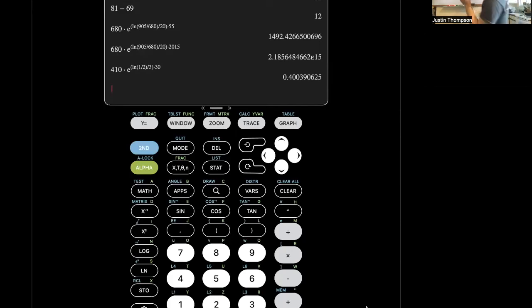Then I multiplied it by 30, and I got 0.400, round it to 4 is good. And that is grams. That is how many grams of polonium should remain after 30 minutes. So if I started with 410 grams of polonium, after 30 minutes I'd have 0.4. So that's what that means.